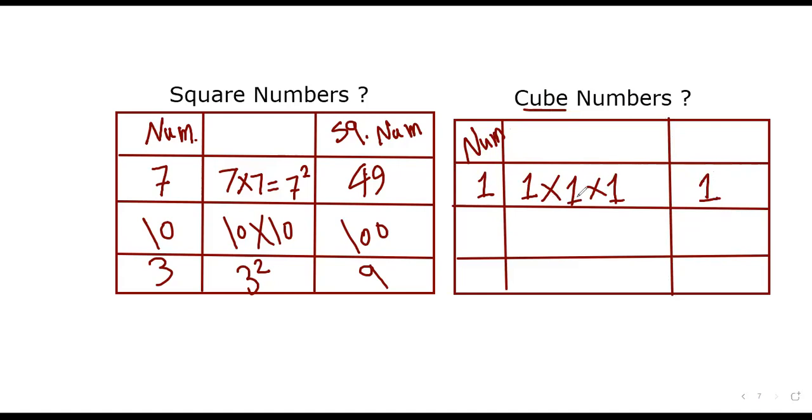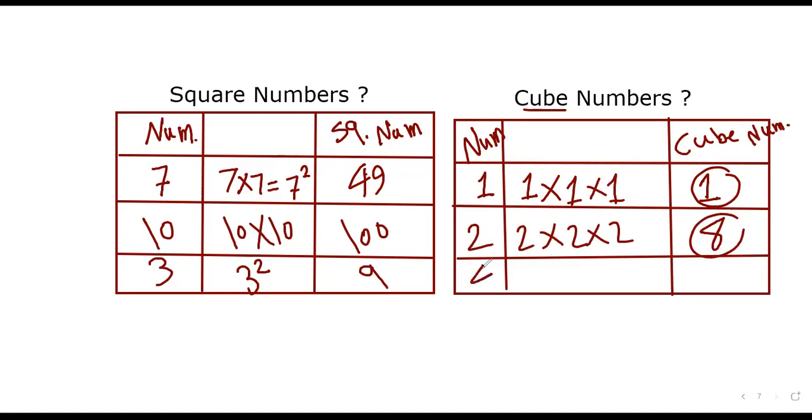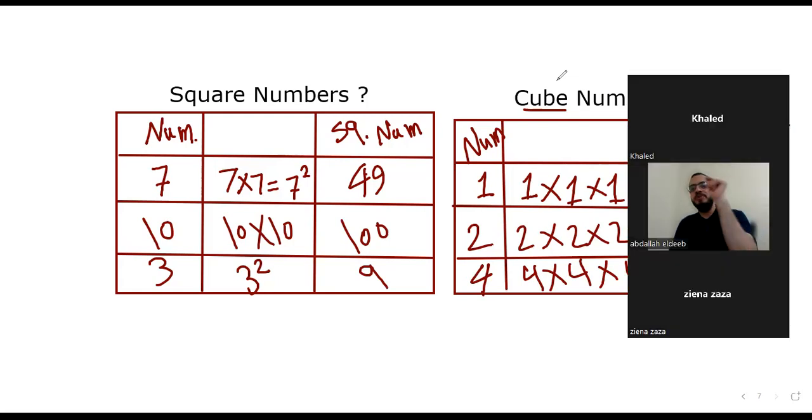Because 1 multiply 1 is 1, again multiply 1 is 1 also, so the cube number is 1. Okay, 2 multiply 2 multiply 2 is 8, so 8 is a cube number. 4 multiply 4 multiply 4 is 64. So 64 is a cube number.